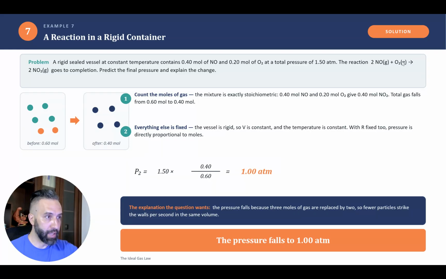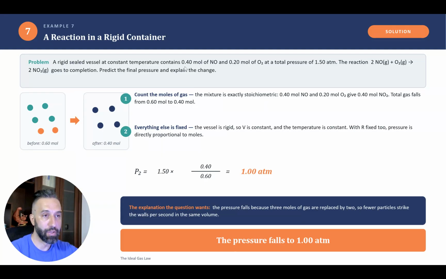From 2 moles of this and 1 mole of this, I'll just get 2 moles of NO2, which means from 0.6 moles total, I will actually get just 0.4 moles remaining, which means the number of moles of gas in here will be reduced by 50%. If I reduce 1.5 by 50%, I'll just get 1 atm, right? So I don't even need all this.